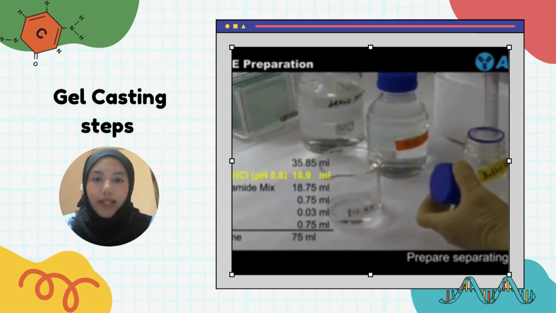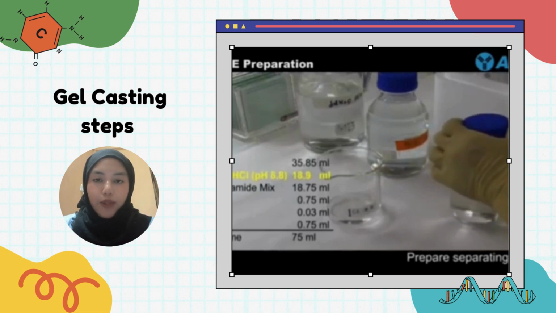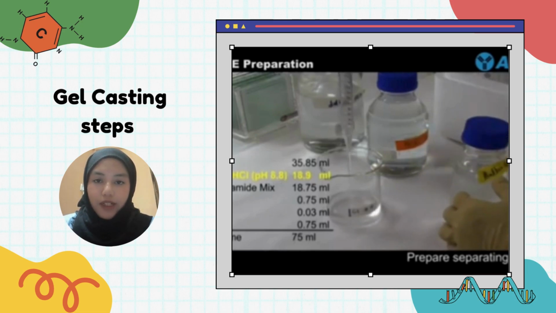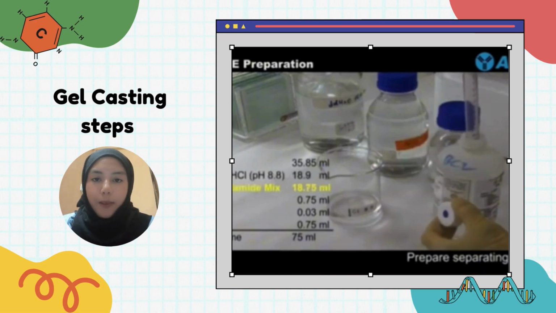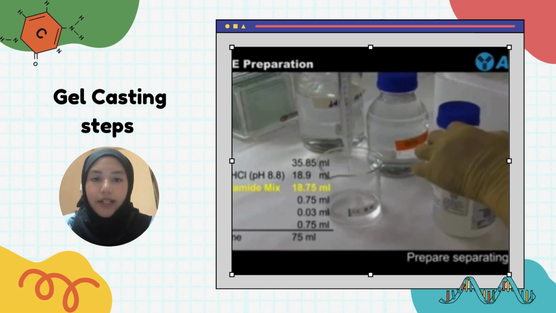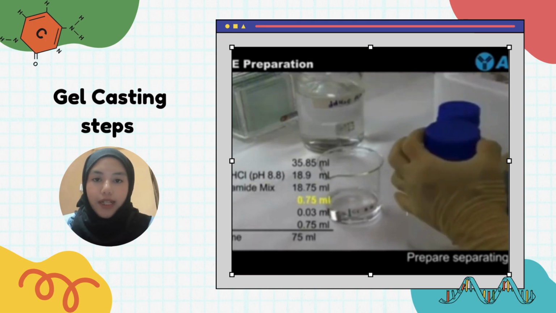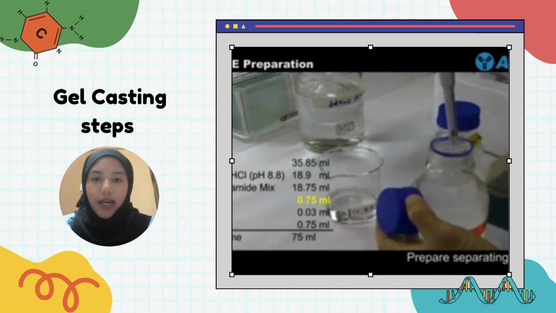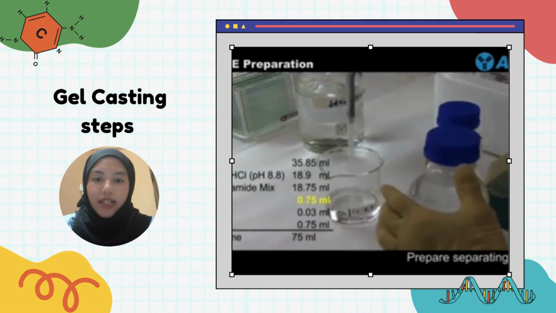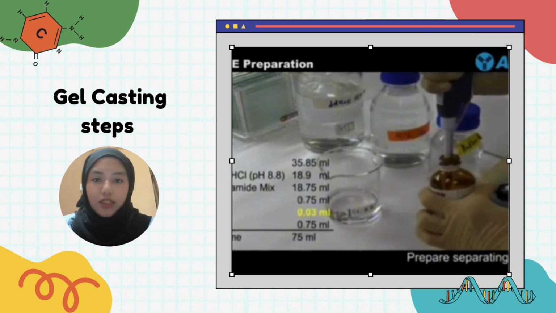And next, we add in our catalyst, where we combine with TEMED, which accelerates the polymerization process. And last but not least, we're adding ammonium persulfate as our initiator, working hand in hand with TEMED, and it generates a free radical, kick-starting the polymerization reaction.